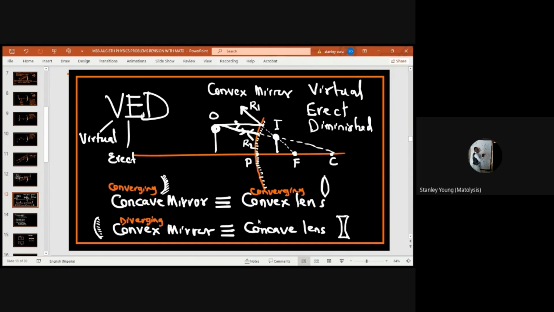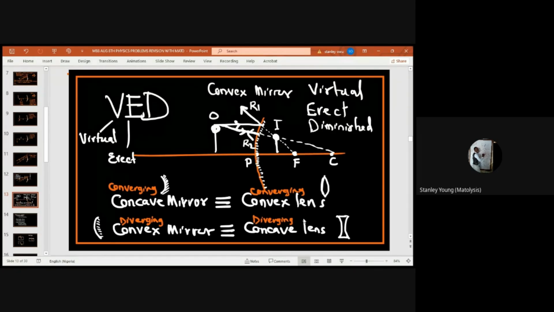A concave lens is also diverging. It diverges what? Rays after refraction. For lenses, the divergence or convergence happens after what? Refraction. For mirrors, the what? Convergence or divergence happens after reflection. Please take note of those key distinctions.